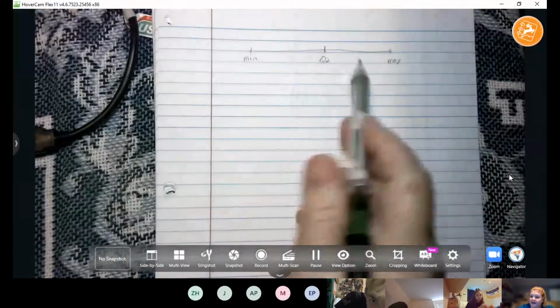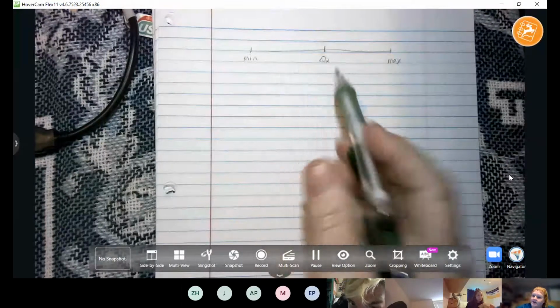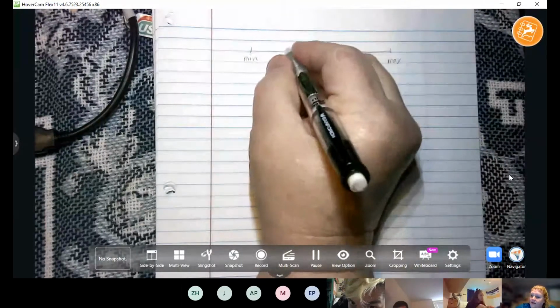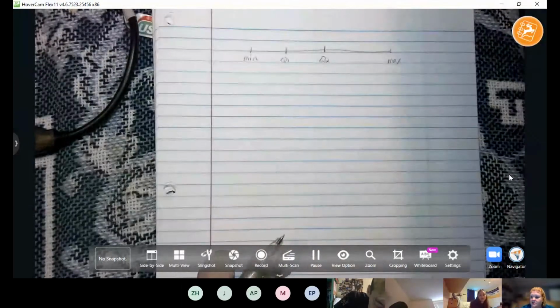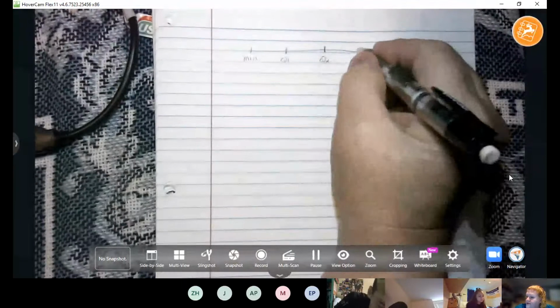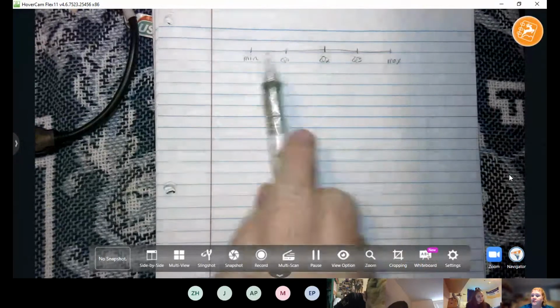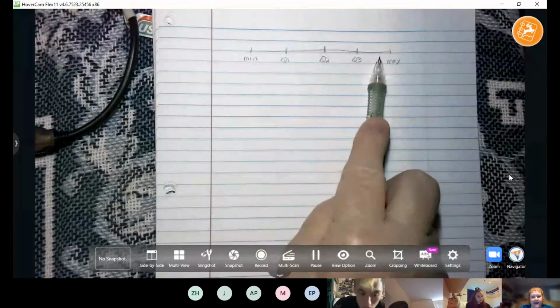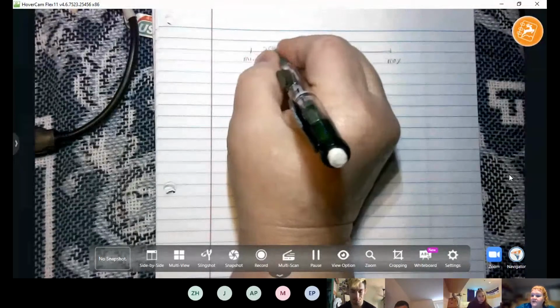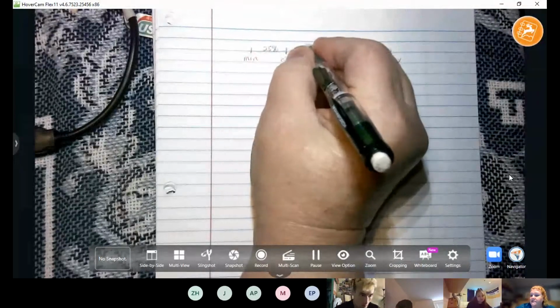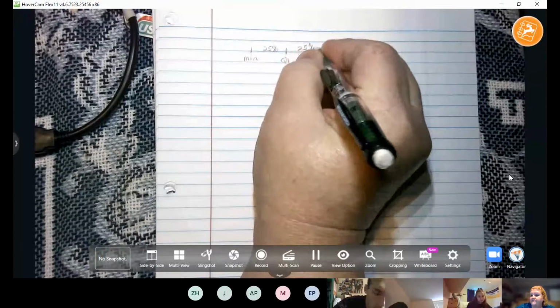So it divides your data in half. And then quartile 1 divides the first half of your data into 2 equal parts. And quartile 3 divides the top half into 2 equal parts. And that's how you get your 4 equal parts of your data. So each of those parts represents 25% of your data.